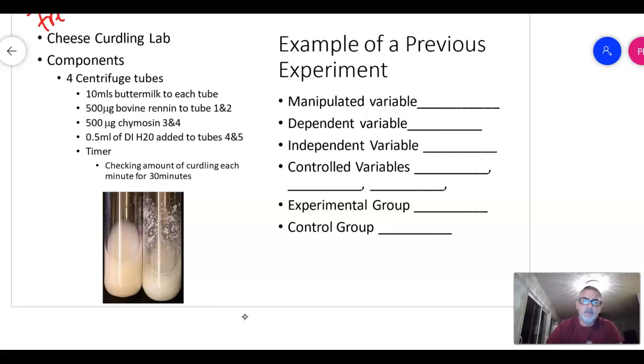If you remember the old little Miss Muffet nursery rhyme, they say curds and whey. Whey is the sour liquid, and the curds are the solid clumps.